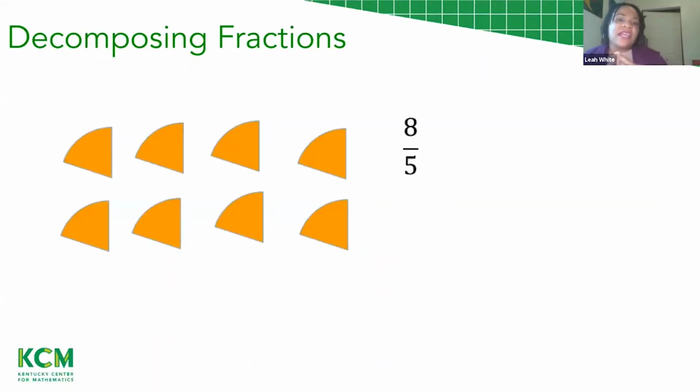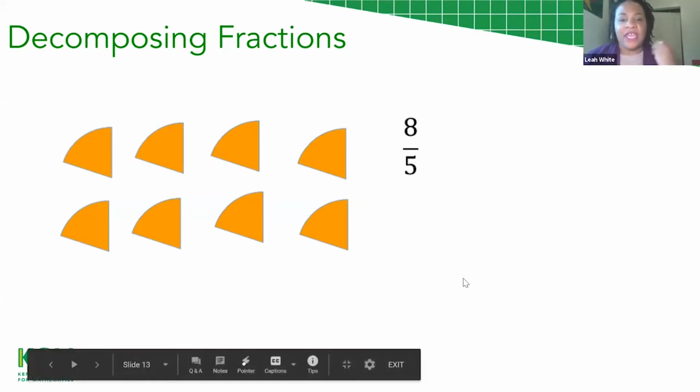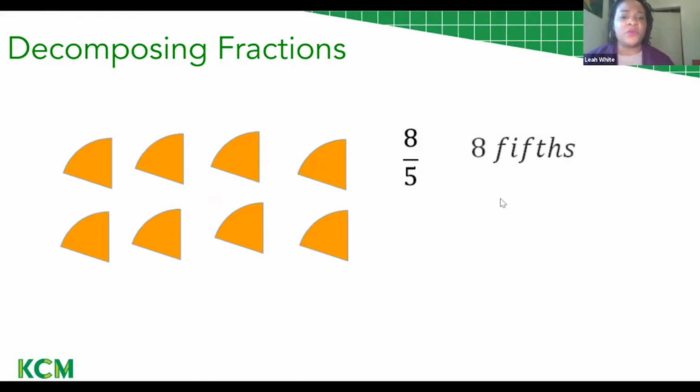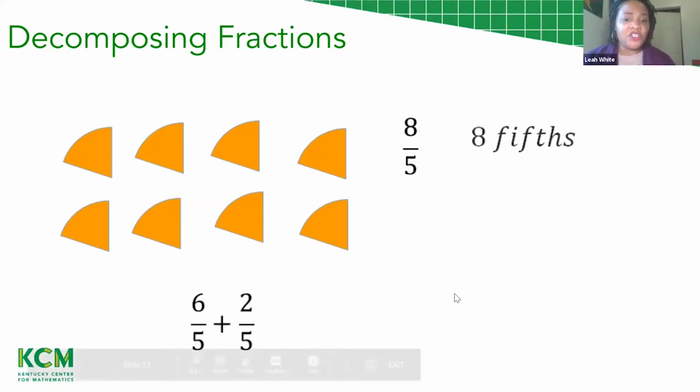And so let's look at decomposing fractions. I'm sure you guys have seen this example before in the courseworks that we've offered with intermediate fractions. But it's the idea that we have 8/5 and the students can actually see the pieces there and they're able to name the pieces, and then they're able to break the pieces into mathematical sentences, okay?